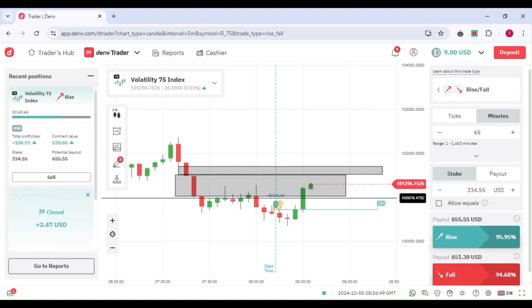So if in case you have not understood the fair value gaps and you don't know how to identify them, kindly just comment below. I'll again repeat, this is specifically not to trade, only to show you how to get this knowledge about how to see these fair value gaps.